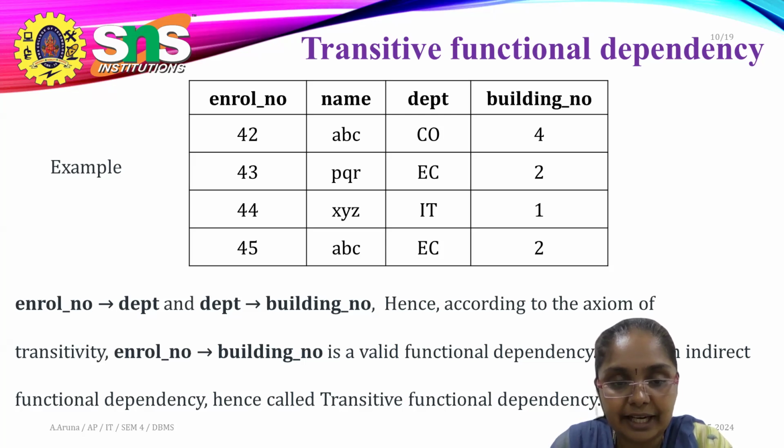See here, enroll tends to building number directly is not a transitive dependency because the X and Y components are not indirectly dependent. So this is not a valid functional dependency. If a relation is indirectly identified through another, then we can call it a transitive functional dependency. So these are the various functional dependencies.